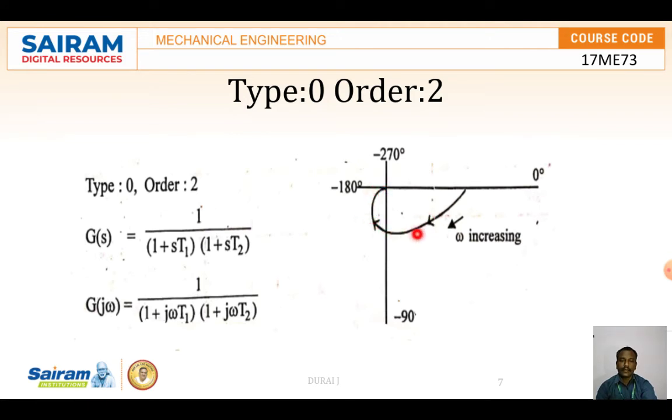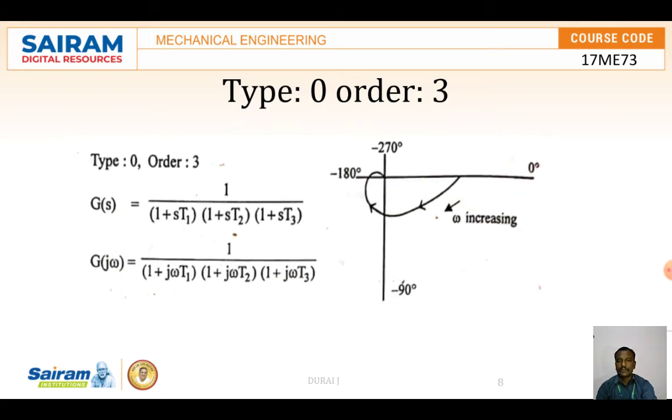Okay, like this one curve. It will start from the first quadrant and finish up in the second quadrant. Always it will start and end over here only because of the 0 to infinity.